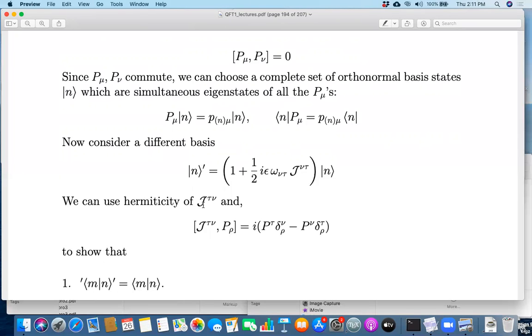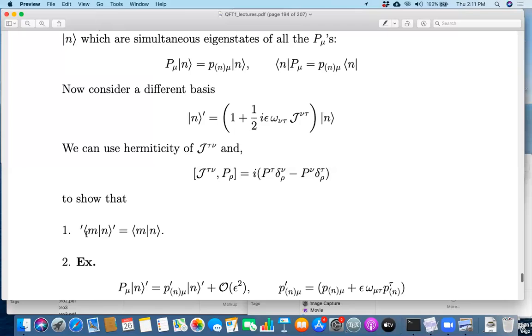So now, because it's Hermitian, as I already said, we can show that in this new basis, the norm is preserved, right? The inner product m n is the same as the inner product of m prime n prime, because when you take the conjugate, m prime, this plus will become a minus sign, and in this product it will just cancel.